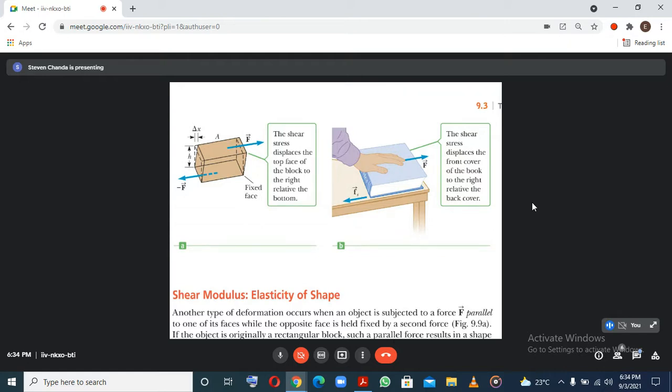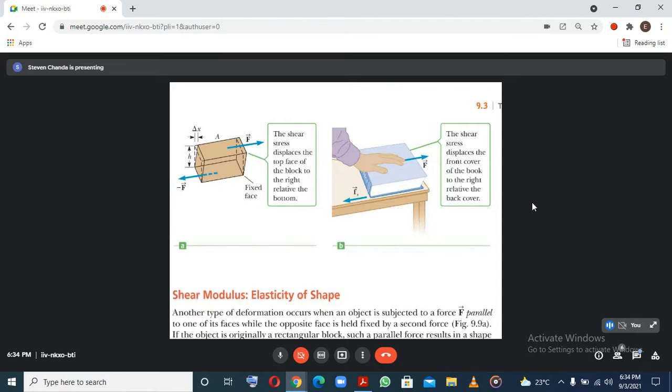Have you ever tried to hold the bottom surface of a book and then put your hand on the top and try to slide your hand across the surface? Your book will be doing as though it's becoming bent, isn't it? It will be becoming bent in some way.